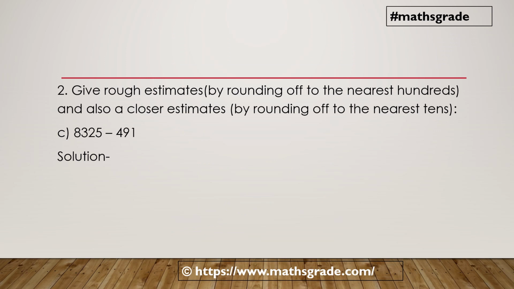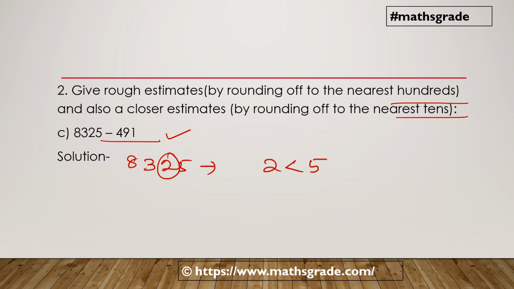Now question number 3, part C. 8,325 minus 491. Give a rough estimate by rounding off to the nearest 100 and also a closer estimate by rounding off to the nearest 10. In 8,325, we rounded off this number to the nearest 100. When we round off to the nearest 100, we just look at the tens place digit. Here the tens place digit is 2 and 2 is less than 5. So we don't add 1 to the hundreds place digit.